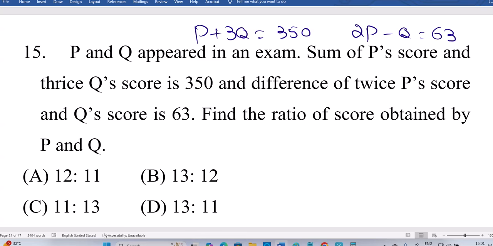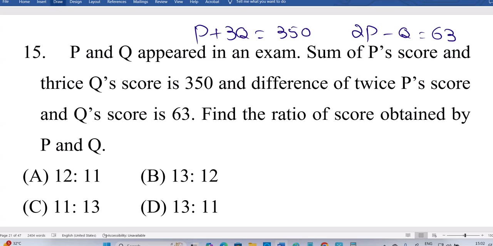Right, so what's the answer? What are the P and Q values? Is it Q minus 2P or 2P minus Q? Both are possible. Listen, the difference should be positive.